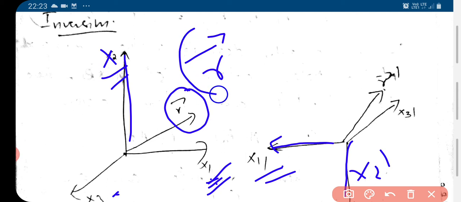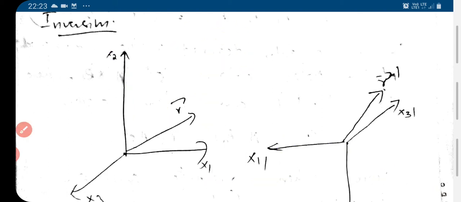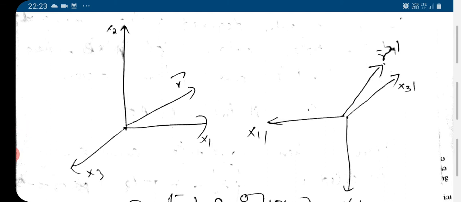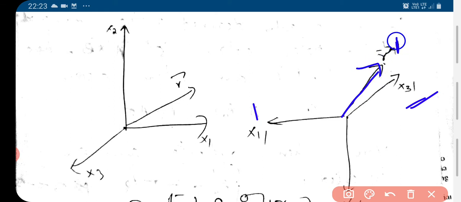Okay, so these are the inversions, x1 prime, x2 prime, and x3 prime. And in this coordinate system, the new vector is r prime. Okay, this is the original coordinate system, and this is the inverted coordinate system.